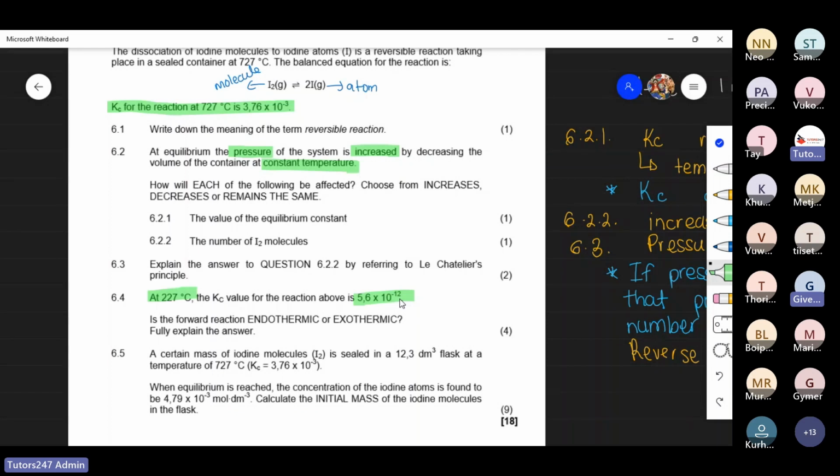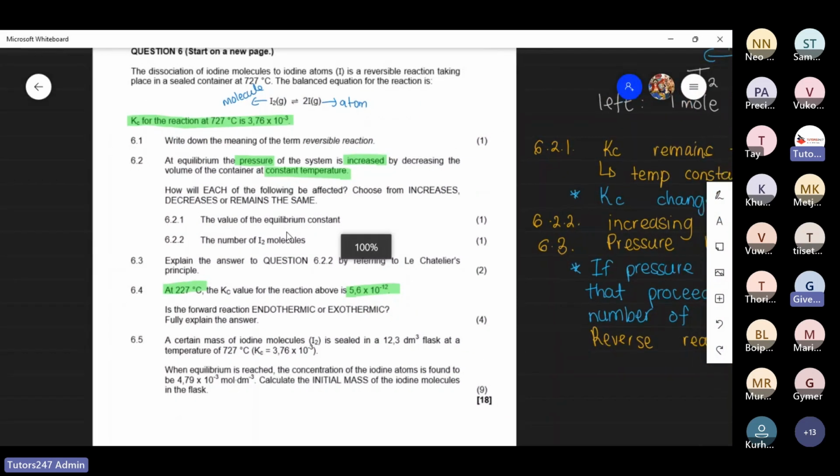So this is a temperature question. We now need to deal with temperature. So let us actually go back to our temperature notes or our temperature theory and read through it once more, then come back to this question.